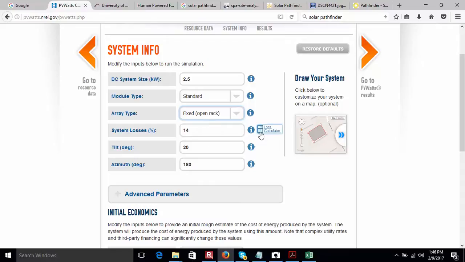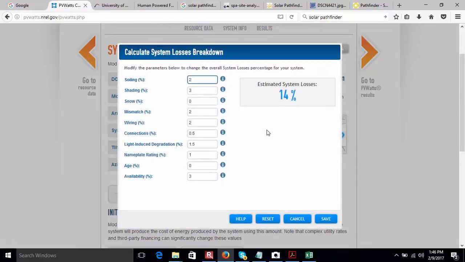System losses. Here's a little loss calculator. So soiling, there's some dirt on it. Shading, snow. You can play around with more snow. Mismatch, I think that's just between your solar and your inverter type. Wiring, we'll get into line losses later. Connections, there's a little bit of losses every time you connect wires together.